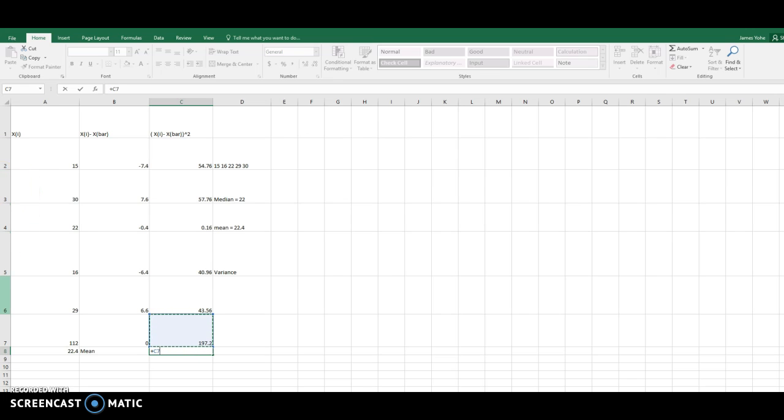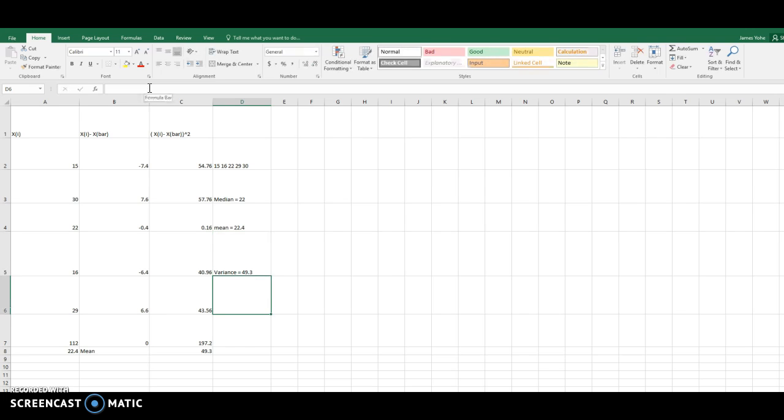So I have n observations, which was 5. So I'm going to divide this by 5 minus 1, which is 4. And I'm going to get a variance of 49.3.